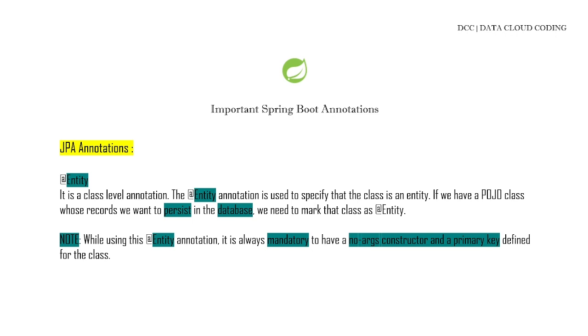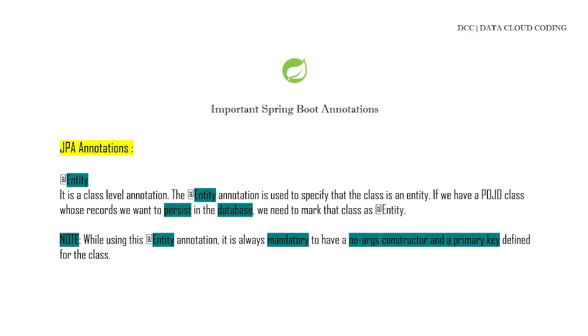Whenever we are creating a JPA based Spring Boot application, let's suppose I have an employee object that I'm trying to persist in my database. I will save the details of that employee object and fetch the details of an employee object. So my employee object will be the Pojo class that I'm trying to persist in the database. Whenever I have a similar requirement, I will mark this employee Java class with the @Entity annotation.